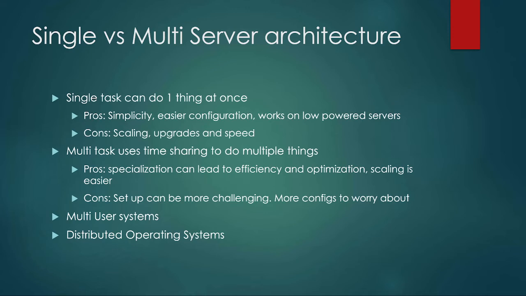A multitask system allows us to do multiple things. Setup can be a little bit more challenging because lots of things are happening. There's more configurations, or configs, that you have to worry about, but it also is a lot easier to scale up. One of the big issues that you'll see in industry a lot is scalability.